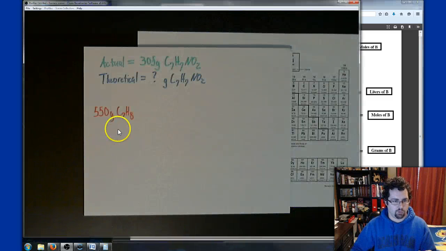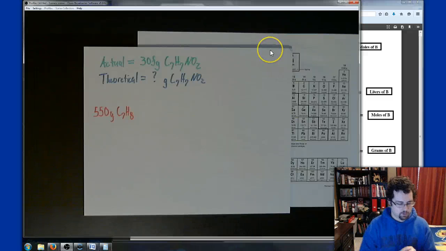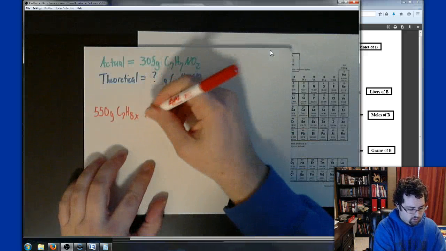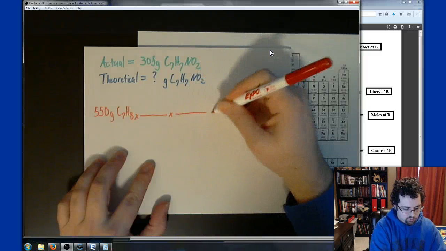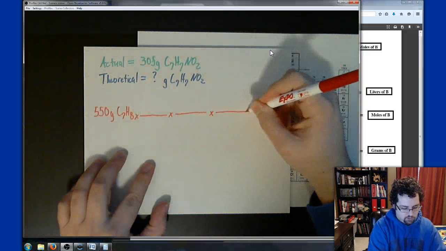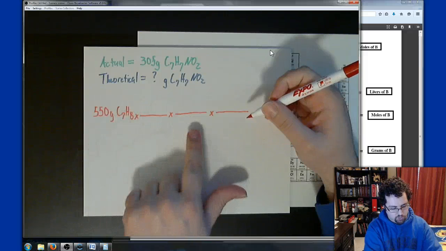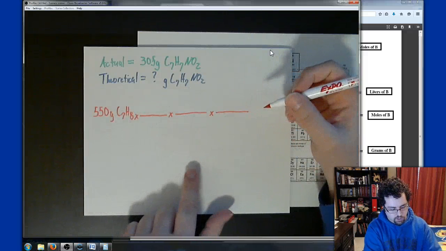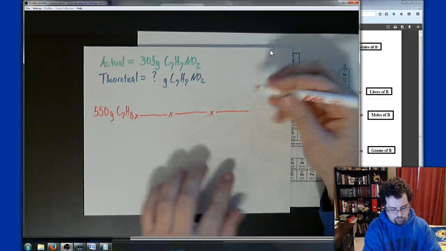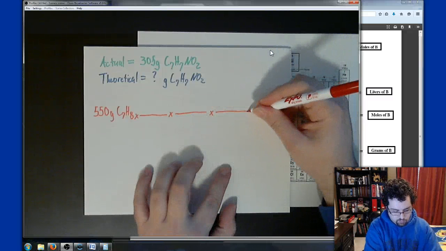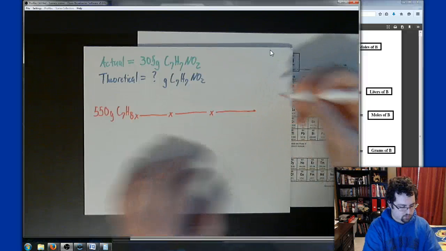This time I'm going from the toluene to the nitrotoluene. Okay? So notice this is another grams to grams conversion, so I know I'm going to have exactly the same number of steps as I did before. I'm going to convert from grams to moles, then use the mole to mole ratio to figure out how many moles I have, and then do a moles to grams to figure out the grams of the product.